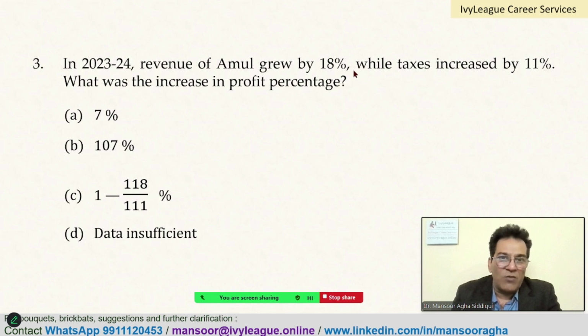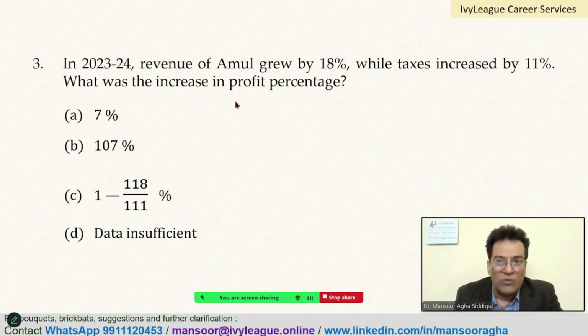So even if revenue of Amul grew by 18% while taxes increased by 11%, when students attempt this question, and this question on the face of it looks super easy, then because the question looks easy, they think that it is easy to solve also. And a lot of students will be tempted to simply subtract 11% from 18%, and they will end up getting 7% as the answer, and they will mark 7% as the answer.